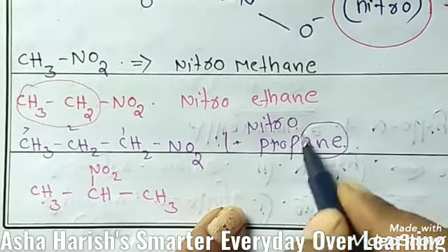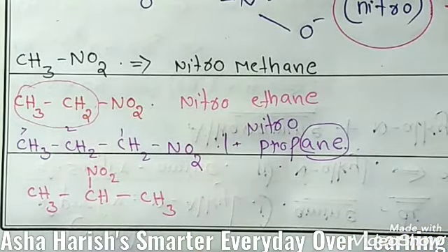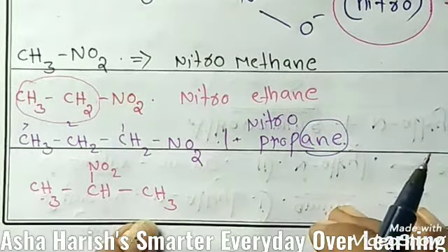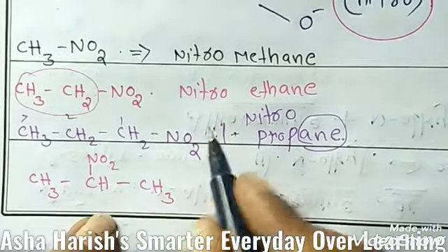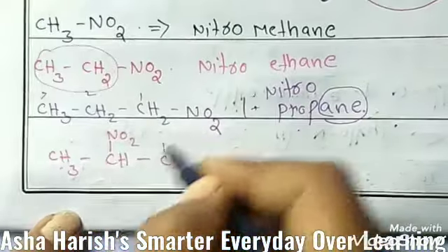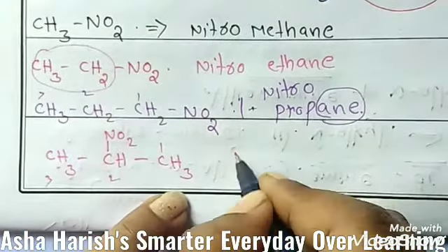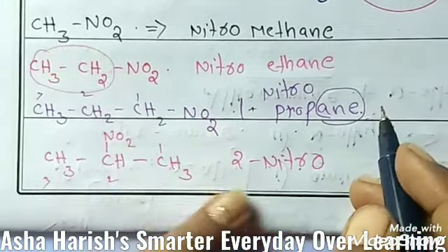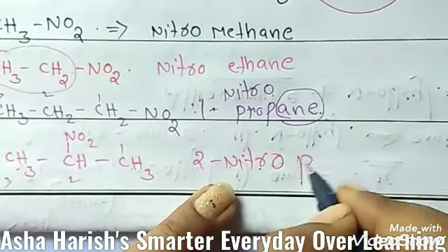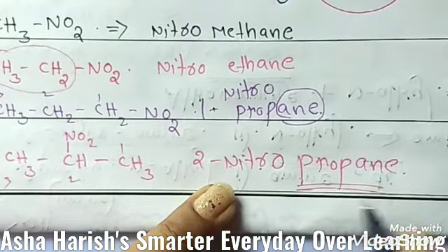Because it is an alkane group, all single bonds only located here, right? And see the next example here, CH3CHNO2CH3. If you give numbering to this, first carbon, second carbon, third carbon, at the second carbon the NO2 group is attached, then 2-nitropropane, again 3 carbons only. Simply you can write like that.